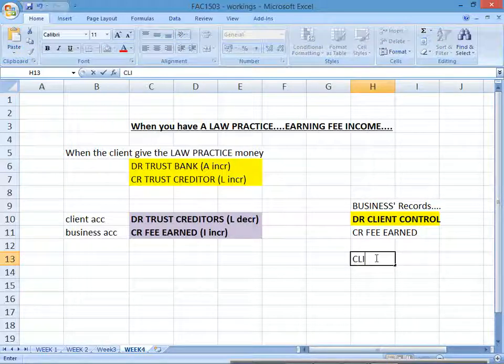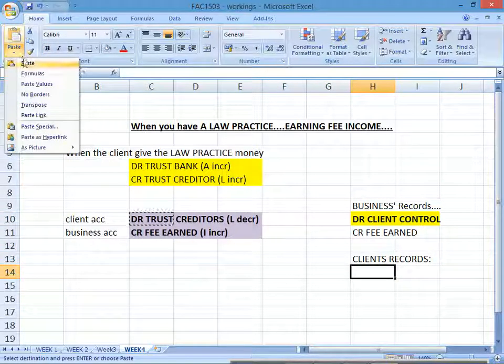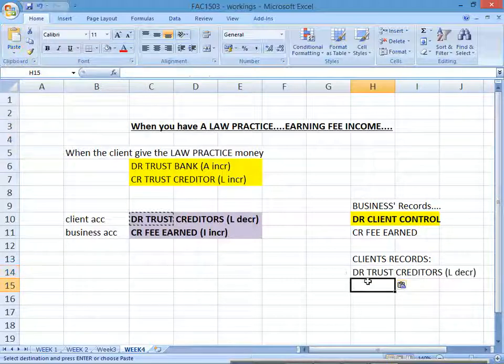I'm going to show in the client's records, okay, a debit, so this, and then a credit for the client control.